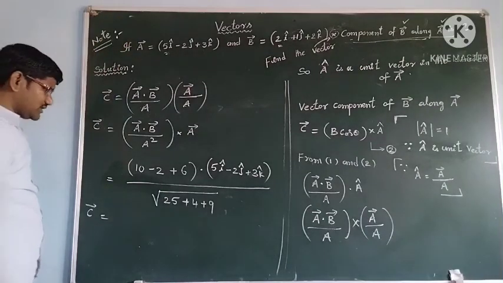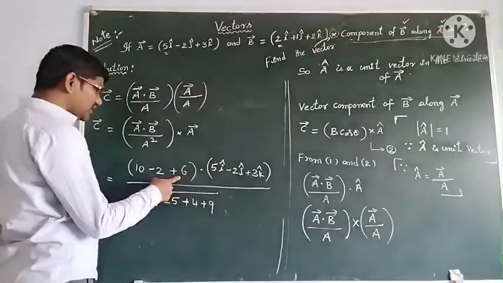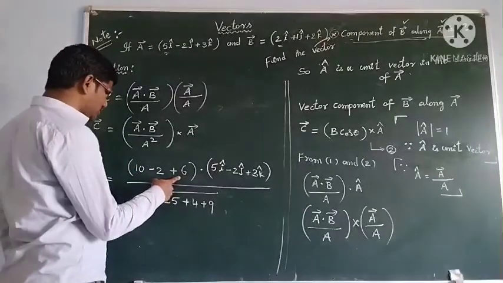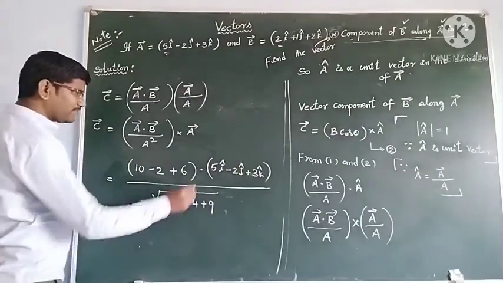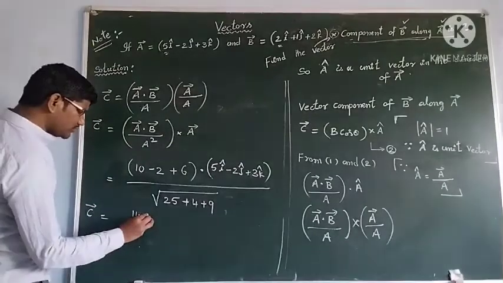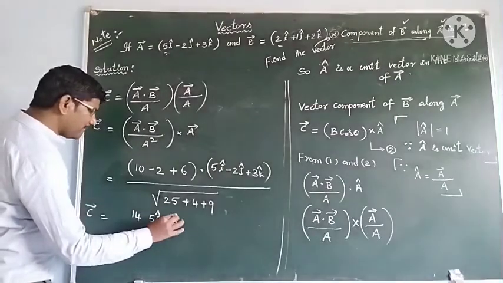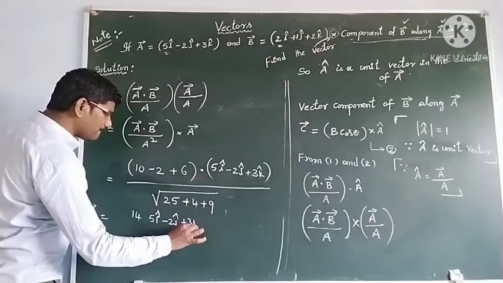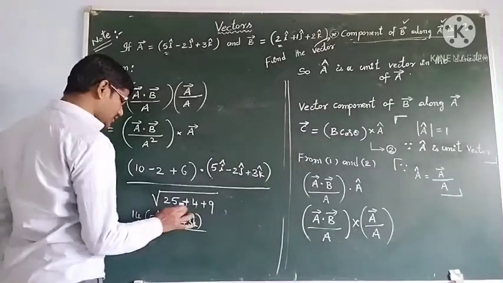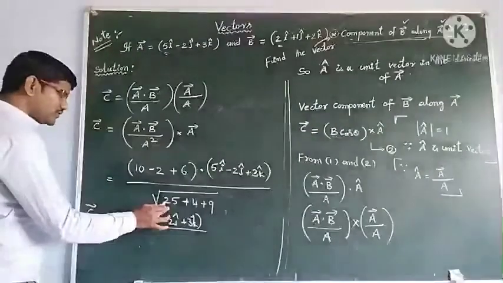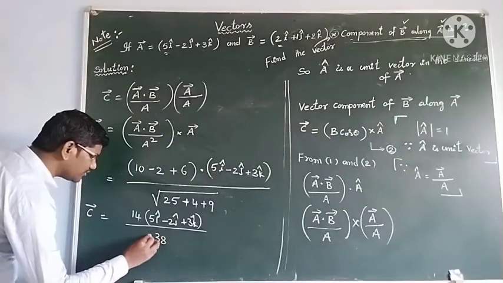So 10 minus 2, 8 plus 6, that is 14. So 14 into 5 I cap minus 2 j cap plus 3 k cap by 25 plus 4, 29, 29 plus 9, 38 under root.